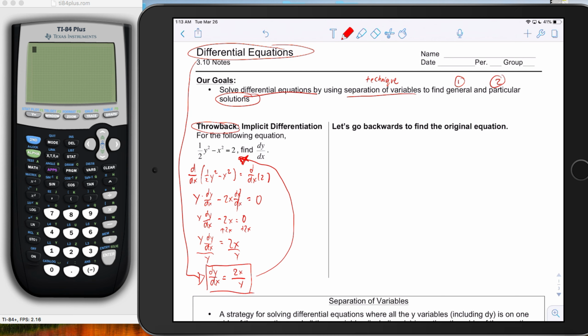We're going from a differential equation back to the original equation, which we're going to call a solution. So let's go backwards and start with dy/dx equal to 2x over y.